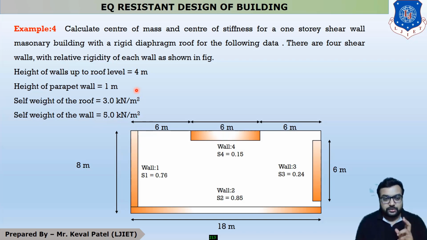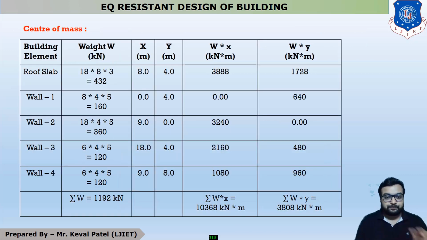Now first of all we have to find out center of mass. Let us start with our 5 components. First one is self weight of roof and the other 4 are walls. But the weight must be in kilonewton. You can see that our self weight is in kilonewton per meter square, so we have to multiply with area to convert it to kilonewton.